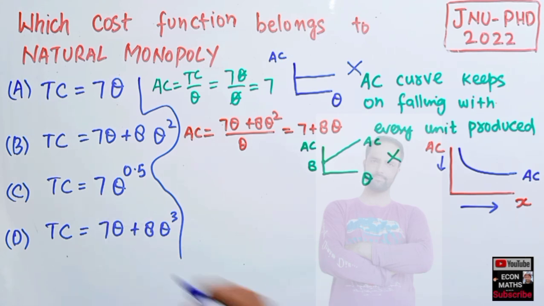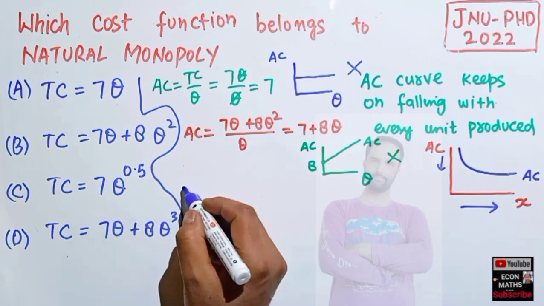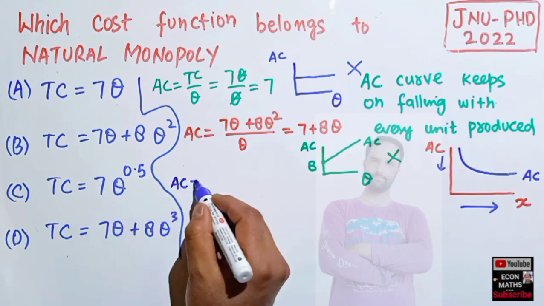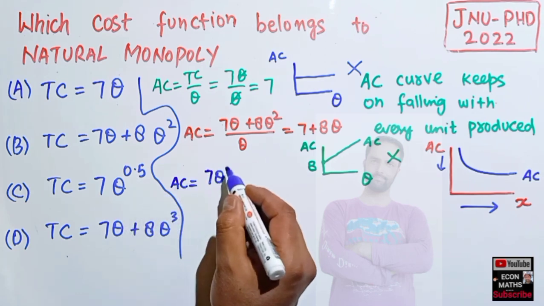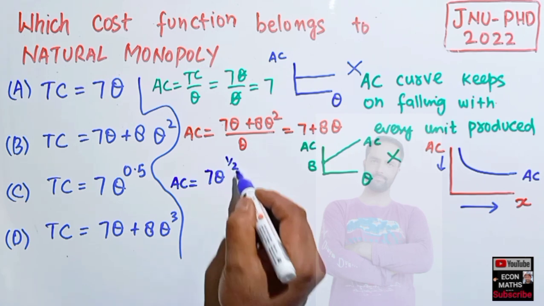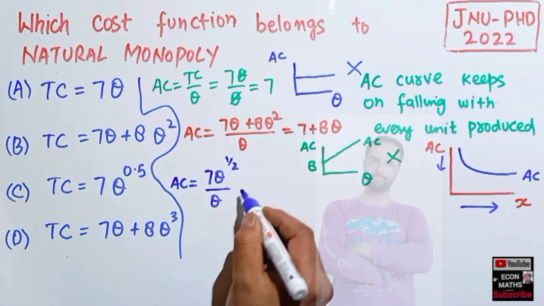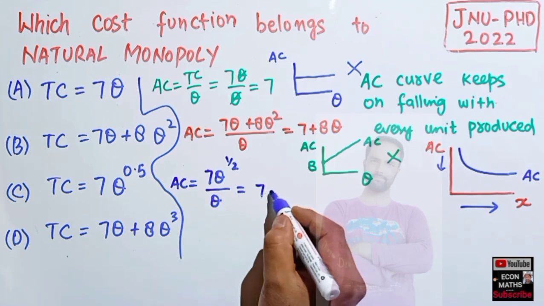Total cost function. Let's take the third into consideration. So in this case, we have average cost equal to total cost upon output. So that is 7q raised to the power 1 upon 2. Let me write it here. We divide by q. So this becomes 7 times q to the power 1/2 divided by q.